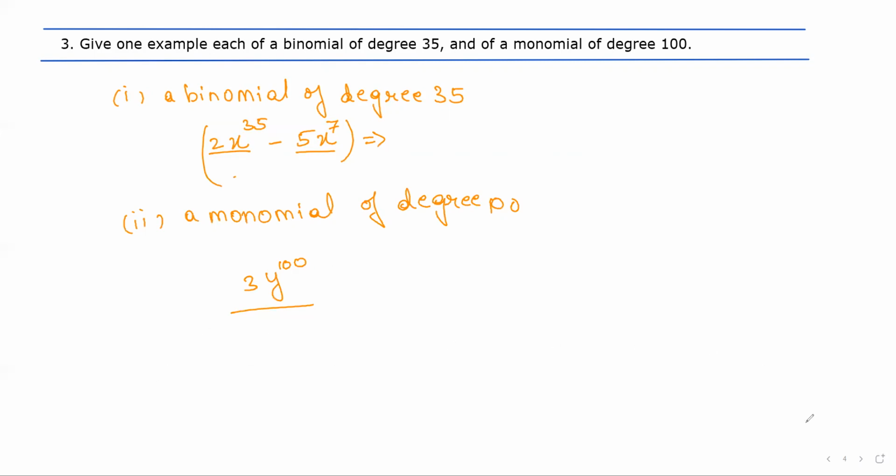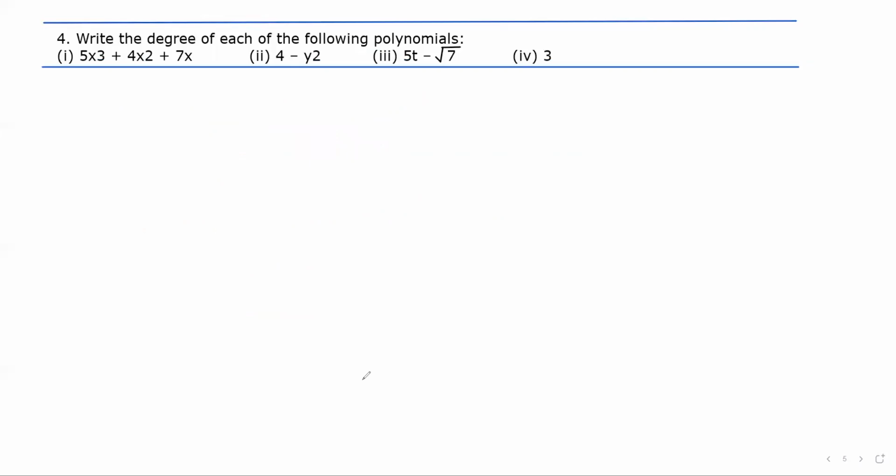Next, write the degree of each of the following polynomials. Now, in the first term, your polynomial is 5x cubed plus 4x square plus 7x. The terms you have are 5x cubed, 4x squared, 7x.